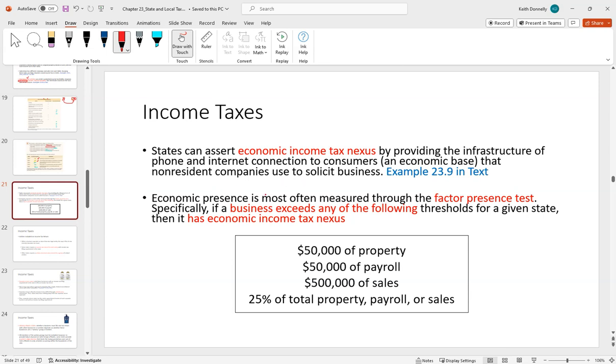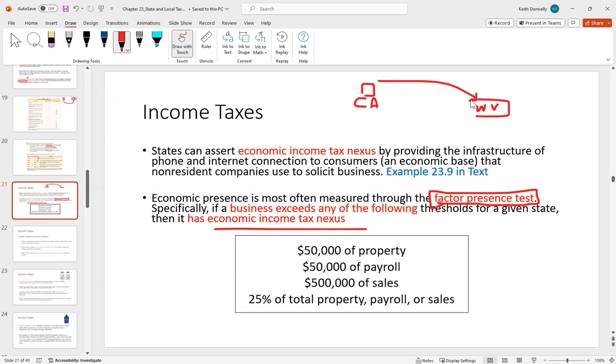Economic presence is most often measured through something called the factor presence test. Specifically, if a business exceeds any of the following, it is going to have economic income tax nexus with the state. So in other words, we have that California business doing stuff in, let's say, West Virginia.